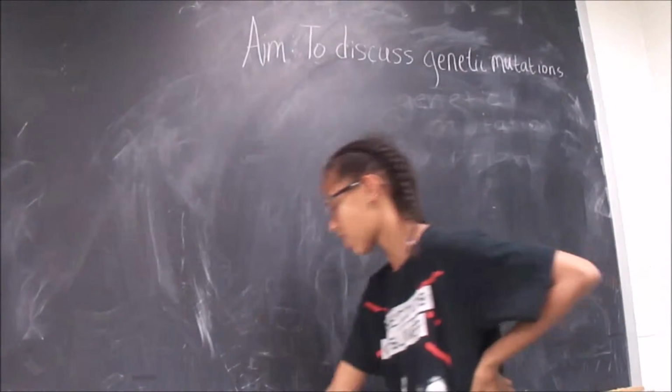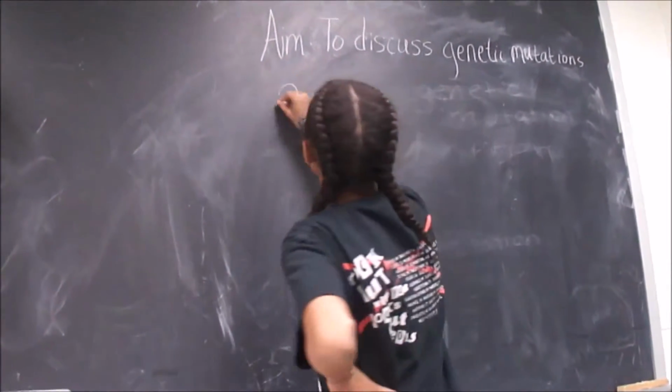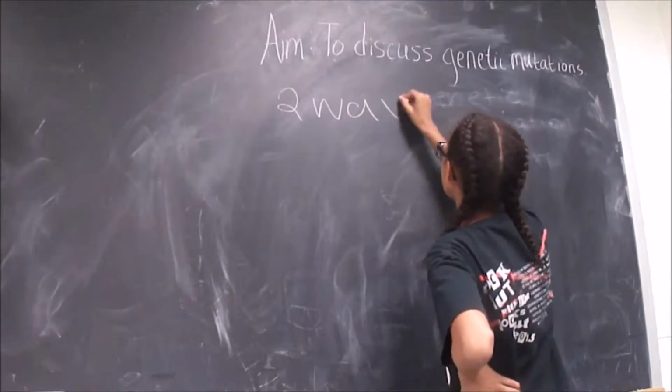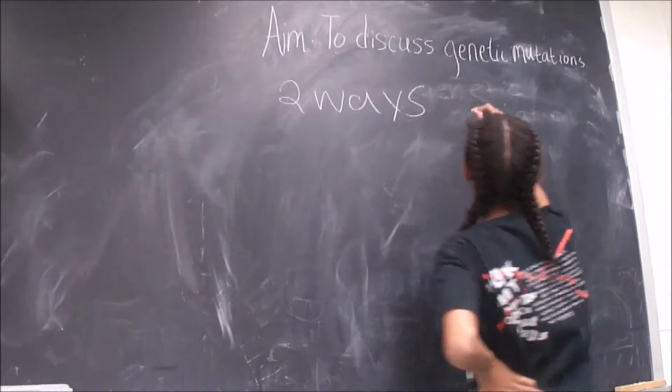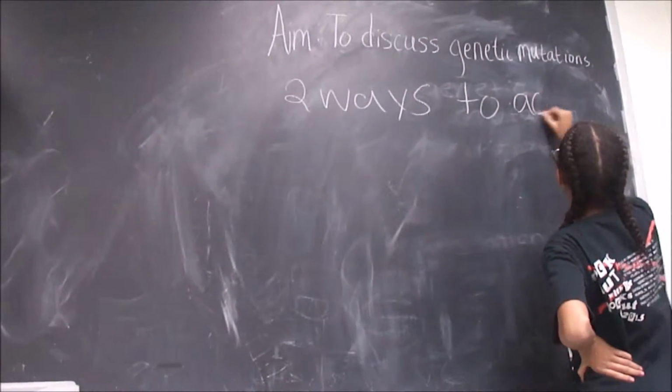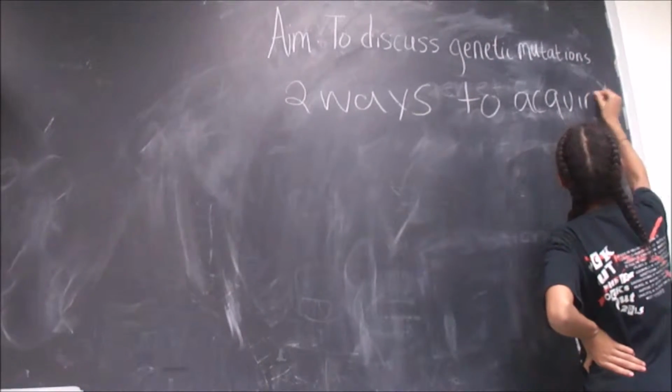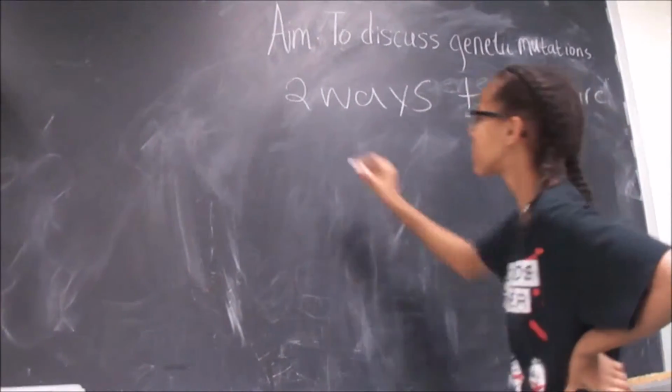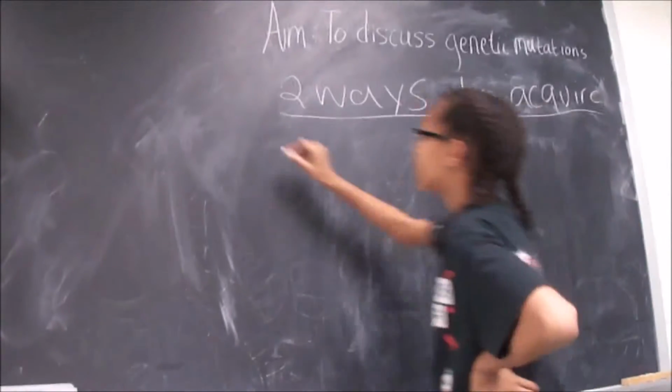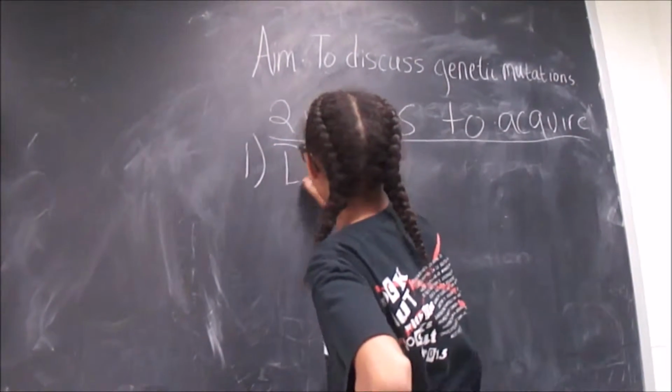Okay, so there are two ways to acquire a genetic mutation. The first way is through inheritance.